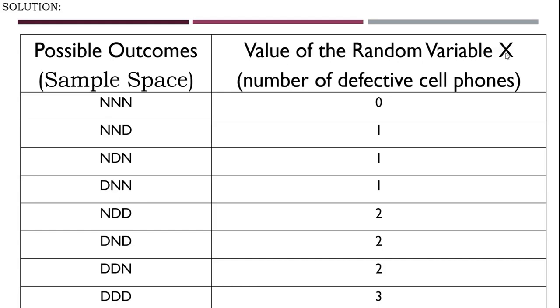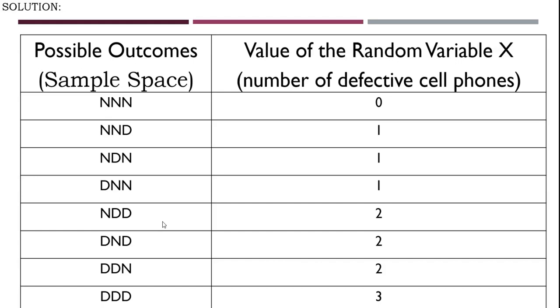Now for the value of the random variable x, remember that x represents the number of the defective cell phones. So we just have to count how many defective cell phones are there in the sample space or in the possible outcomes. So in the first outcome, N N N, we can see that there are no defective cell phones there. So we assign the number 0. For the second outcome, there is 1 defective phone.